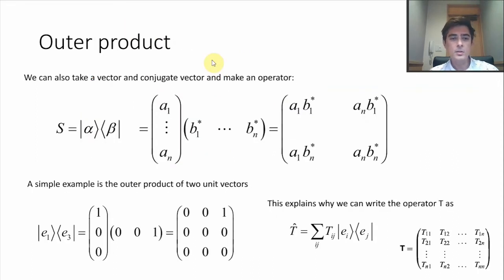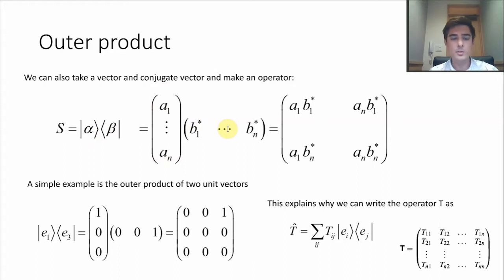We talked a little bit about what the outer product was in comparison to the inner product. An outer product actually gives you a matrix. If you take two vectors, alpha and beta, and perform an outer product, alpha is a vector, so it's a column, and beta is a row.